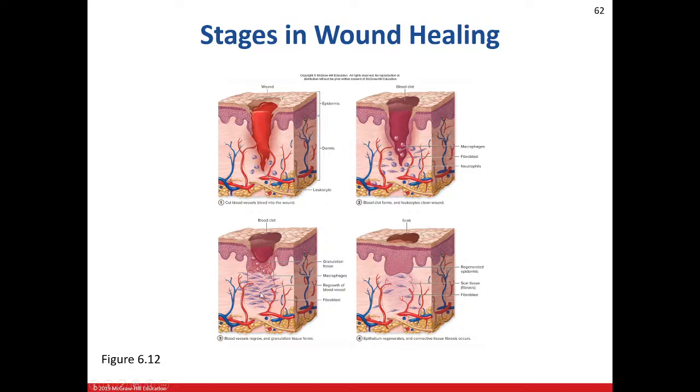Fibrosis occurs when the dermal fibroblasts produce collagen that fills in the wound. And then we will see regeneration occurring, completing here, where the tissue layers have replaced the damaged.